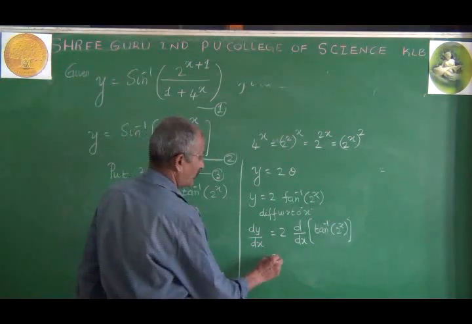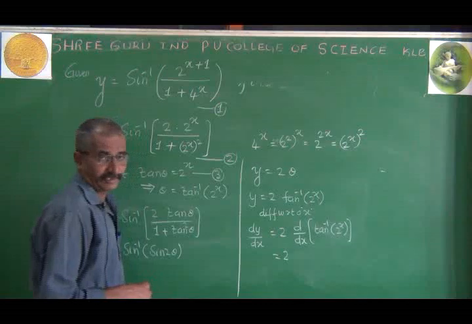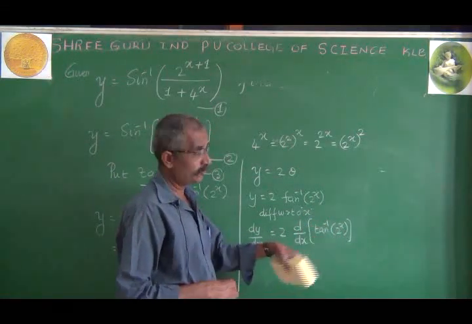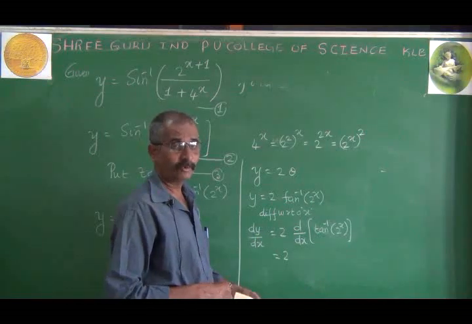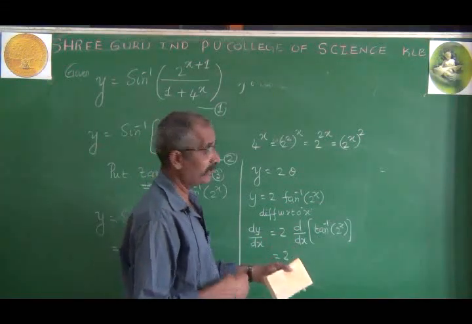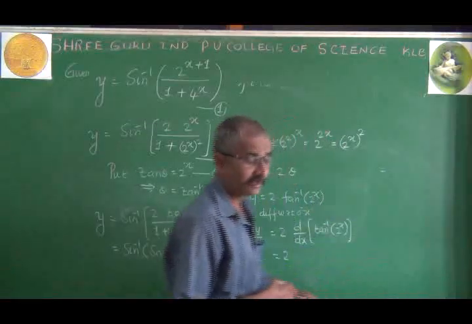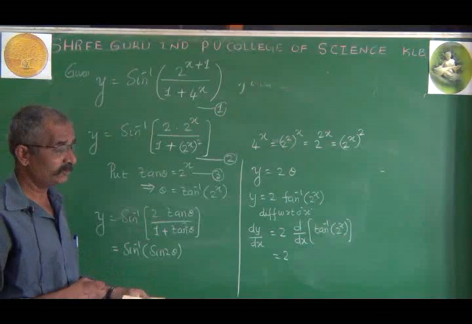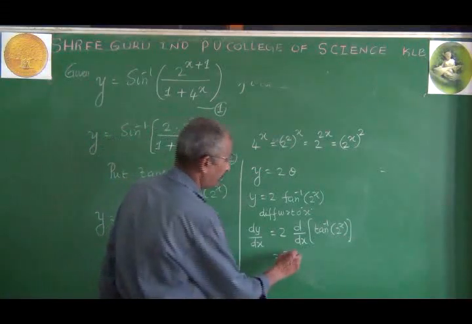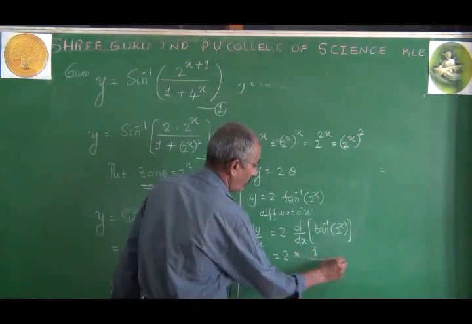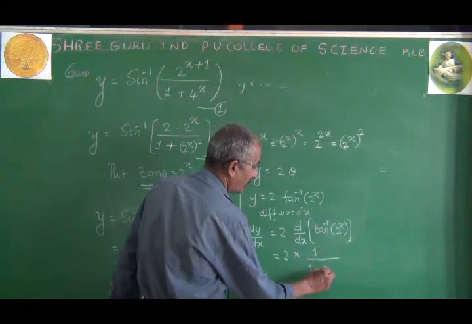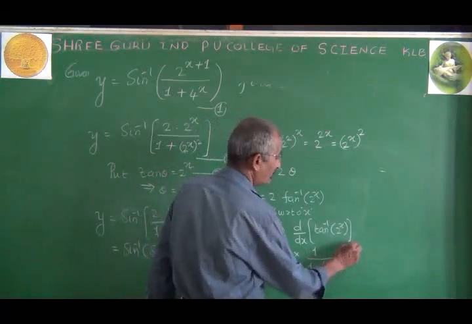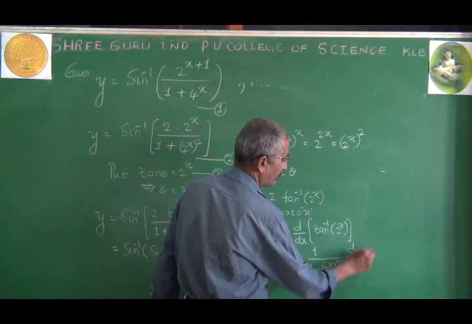It is just in the form of differentiation of tan inverse of u. So many times we noted that kind of formula, once again we are reading it: differentiation of tan inverse u is 1 by 1 plus u square into u dash. Here 1 by 1 plus u square becomes 1 by 1 plus (2 power x) whole square, multiplied by the derivative of 2 power x.